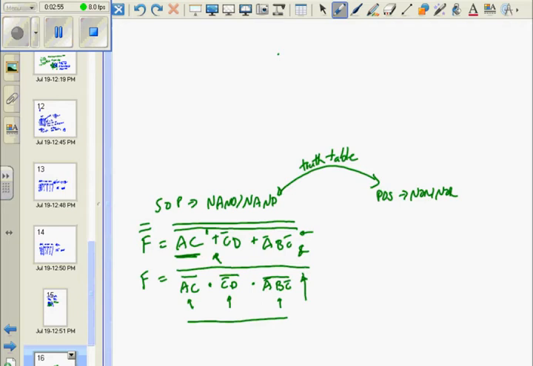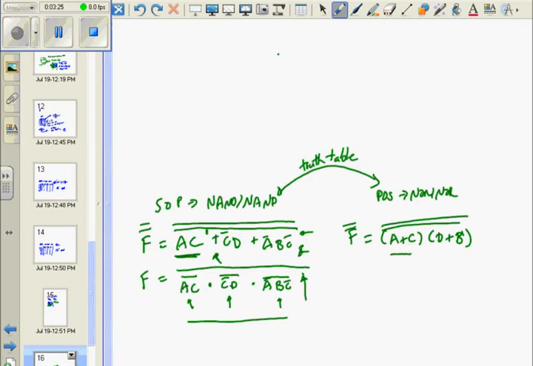Similarly, with the POS form, let's put a POS equation here. All right, I have A or C ANDed with D or B not. So to go from POS to NOR, NOR, you take the complement of both sides.